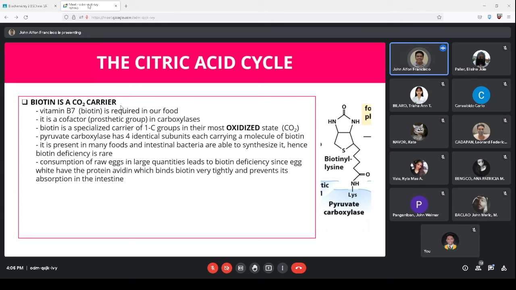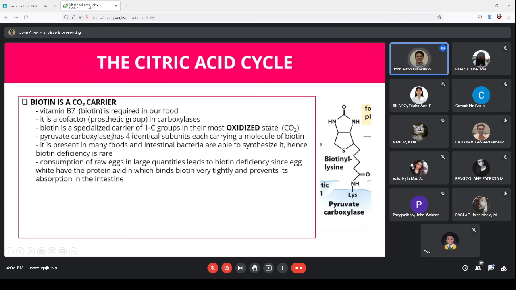And as you can see, mahalaga yung vitamin B natin. So, kaya may mga supplements na available containing B complexes para ma-regulate or para ma-maintain yung required B vitamins sa body or sa cells para makapag-produce ng energy. So, ayun. It is a cofactor in carboxylases.